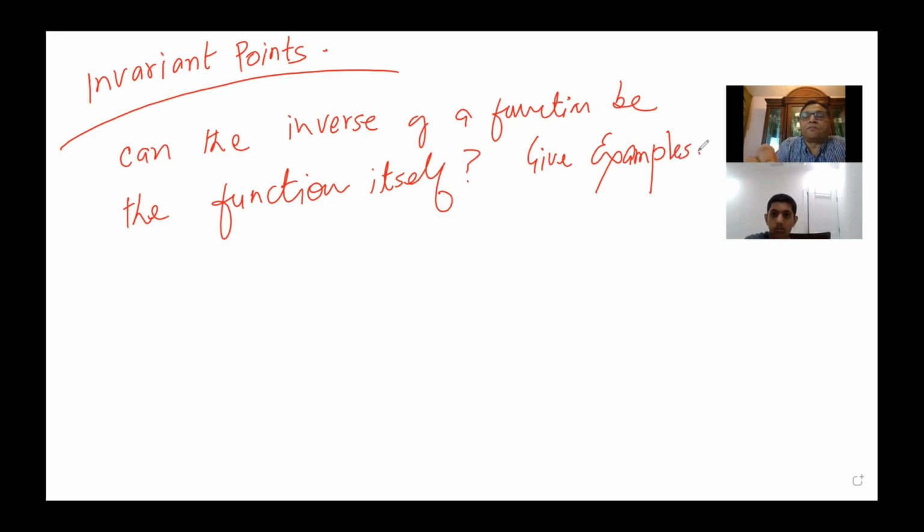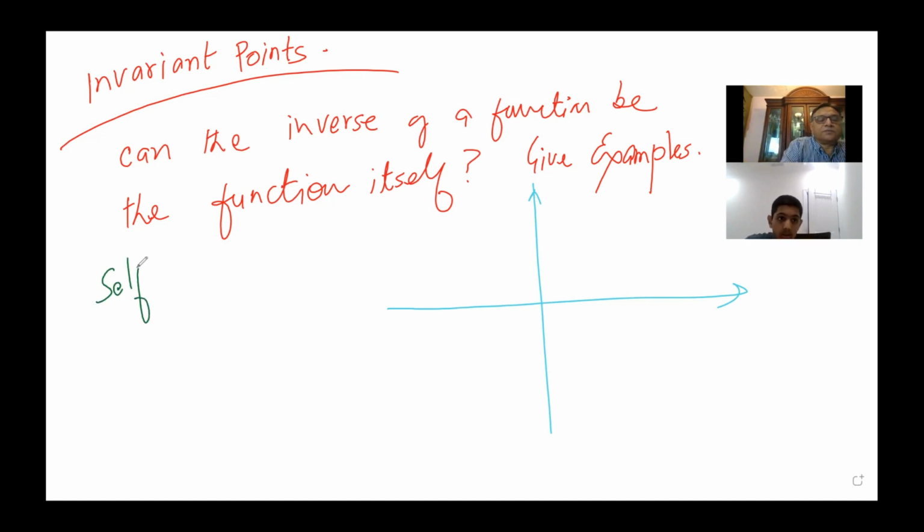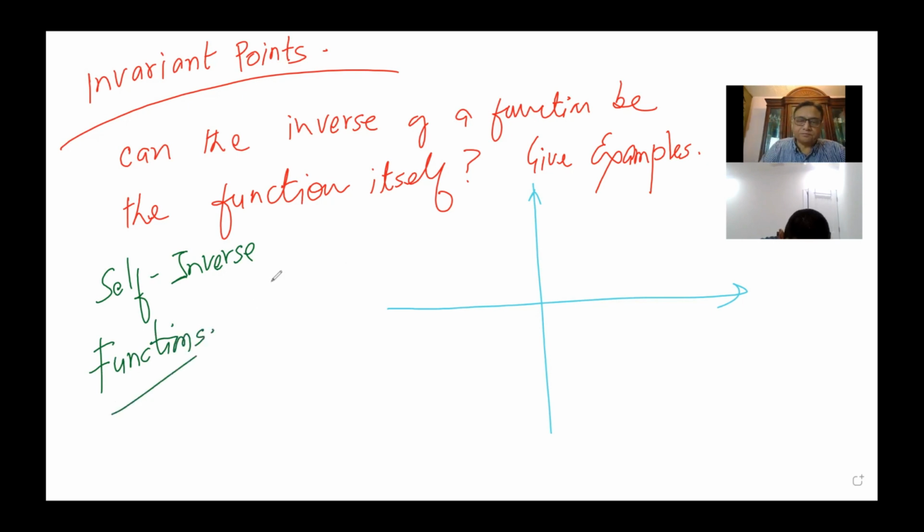Very good. Well, clearly, the question indicates that there are functions which are self-inverse. So we call them self-inverse functions. Can you quickly tell me 3 of them? Y equals x. Very good.